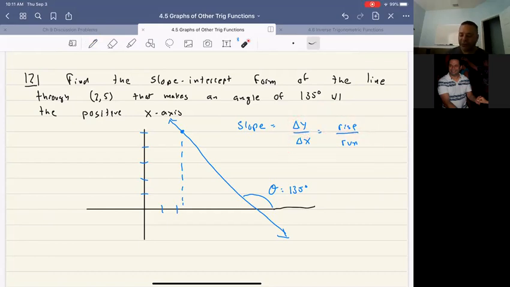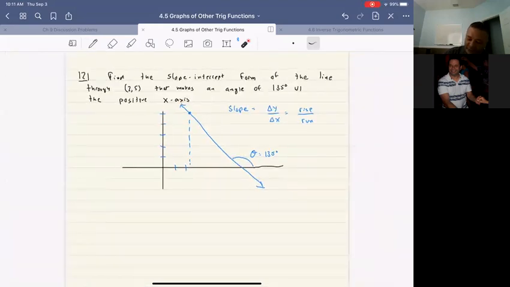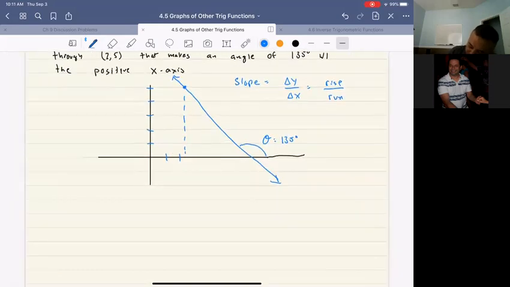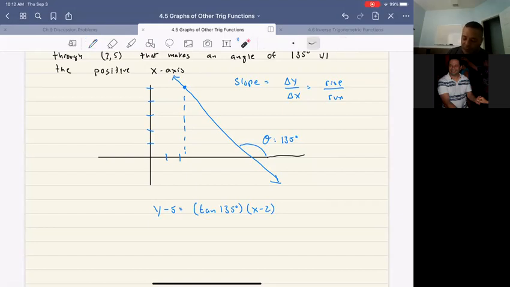So what we need to say is we're finding this equation, we're taking y minus 5 equals whatever the tangent of 135 degrees is times x minus 2. That's y minus y0 equals m times x minus x0.